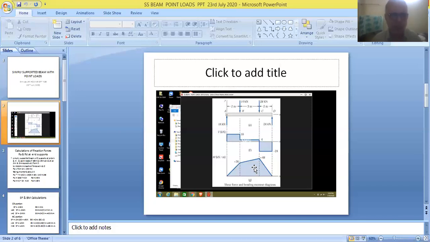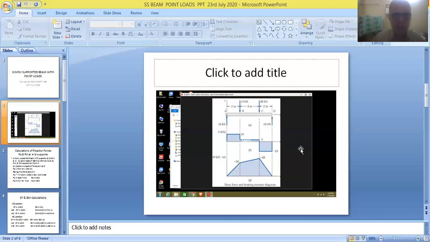So given as a result of this problem. So friends, these are the basic rules which we are supposed to remember for doing problems either on cantilevers or simply supported beams.